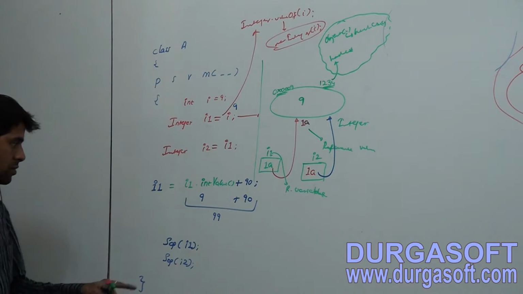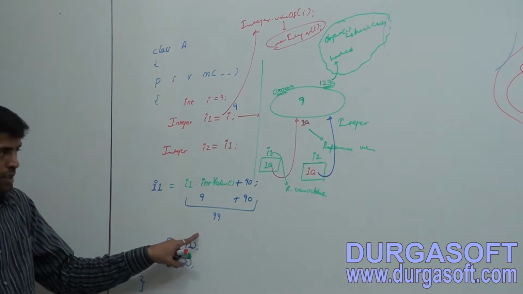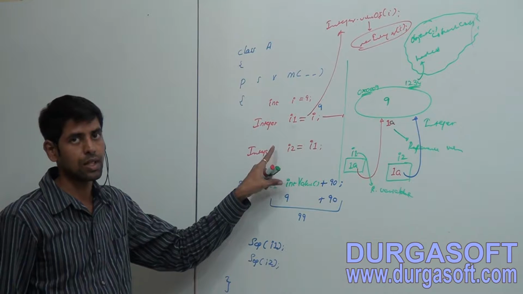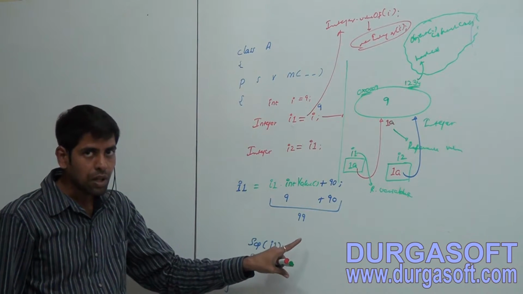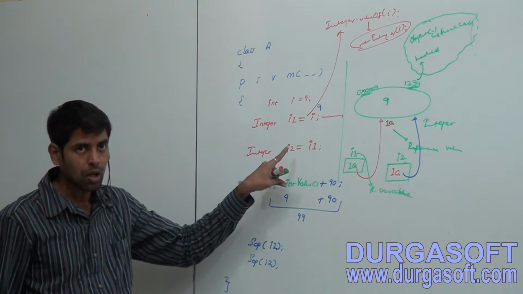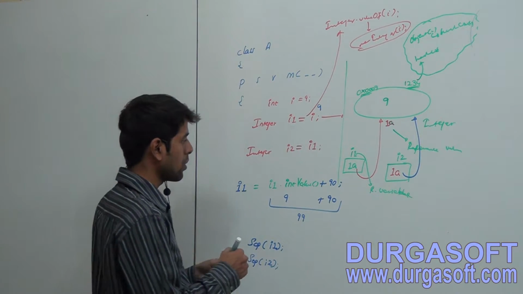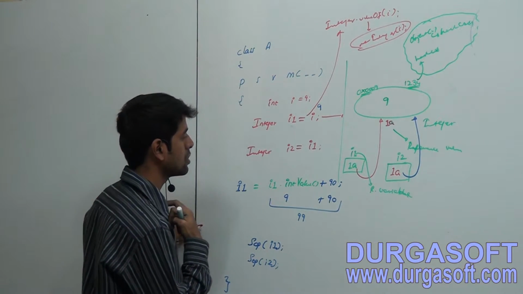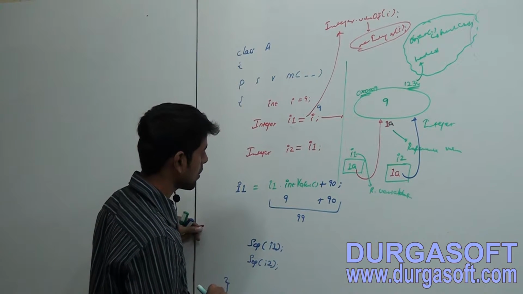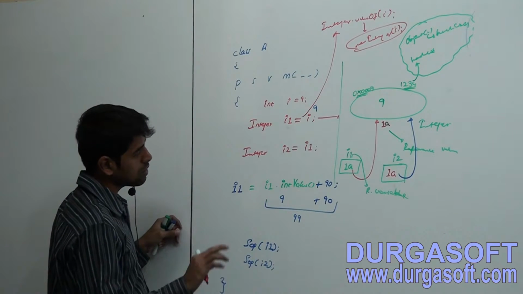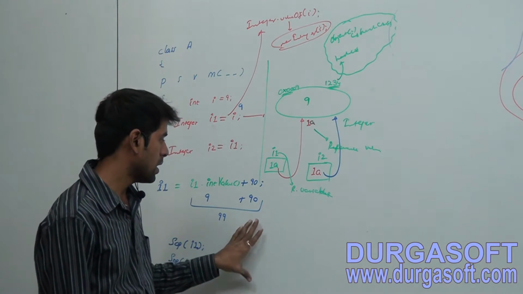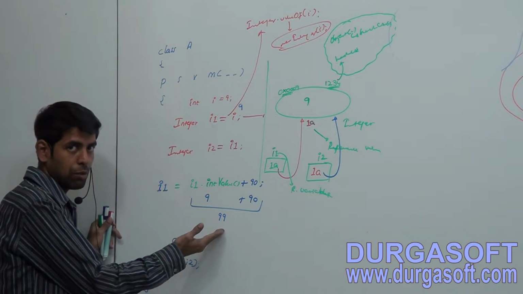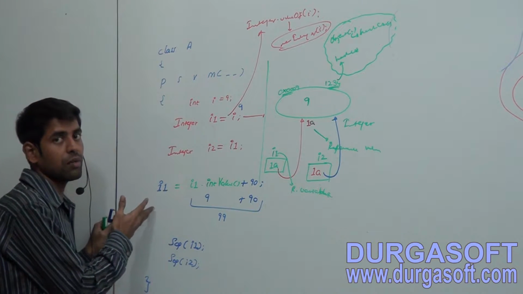Observe here. 99 you are assigning to one I1 variable. The type is what? Reference, that is class type, Integer. Meaning it is converting primitive to a wrapper object. Here the compiler will put one piece of code, I mean the JVM will do one task: assigning a primitive to the reference variable.